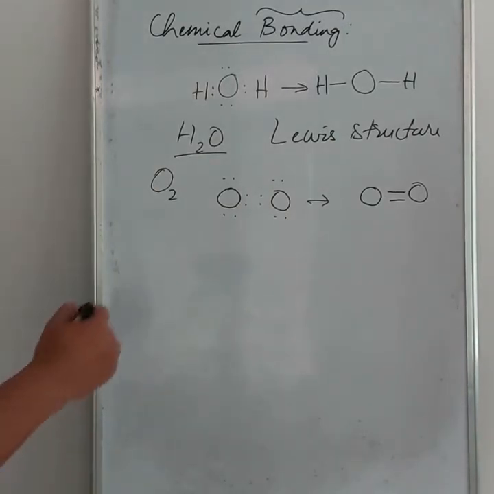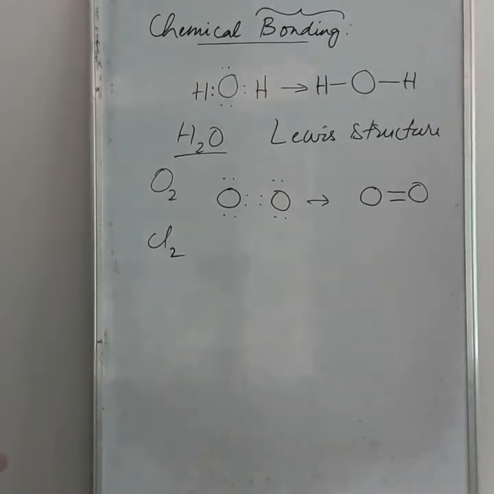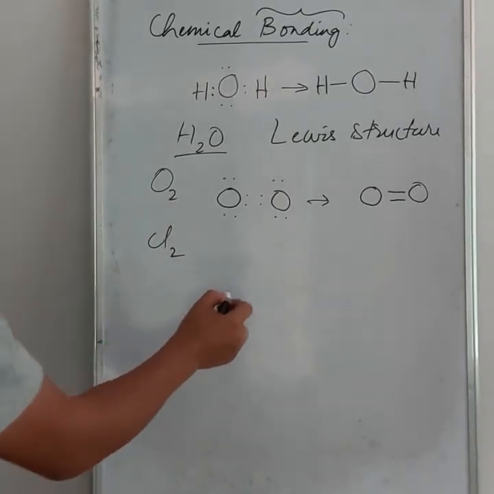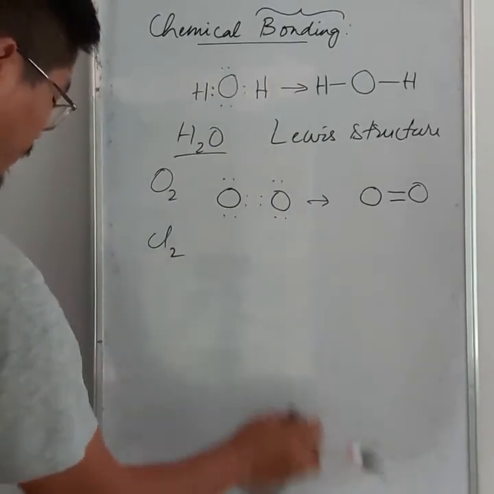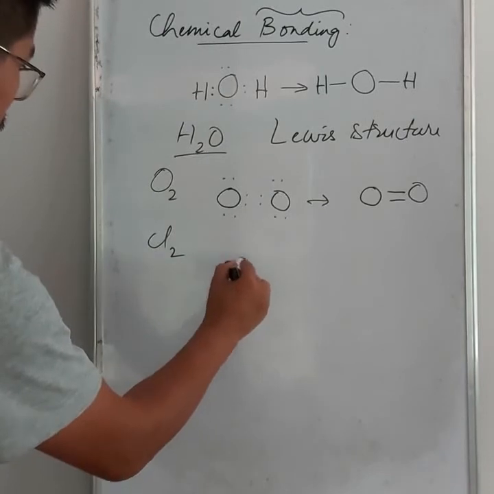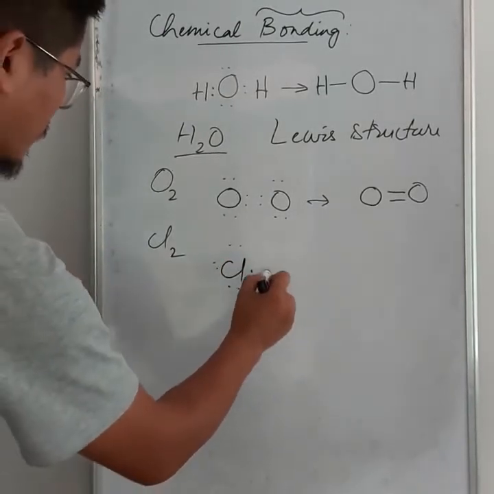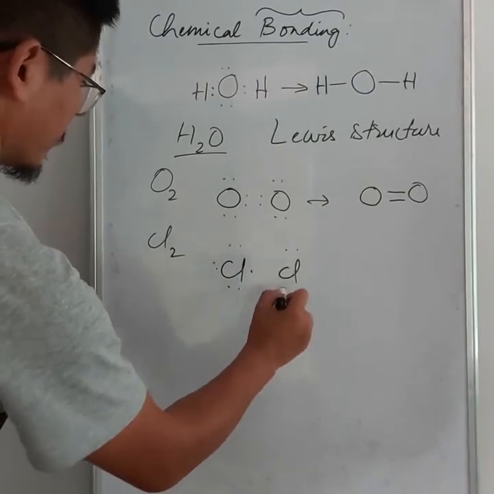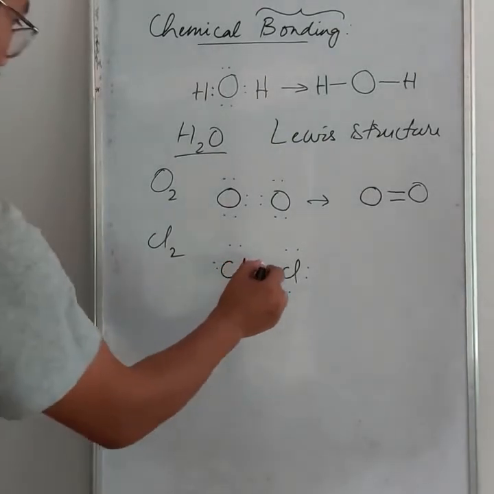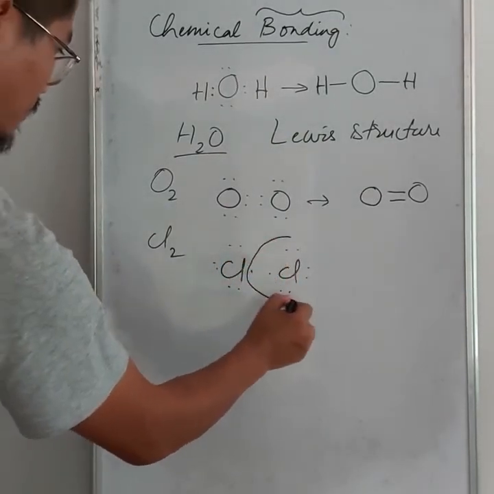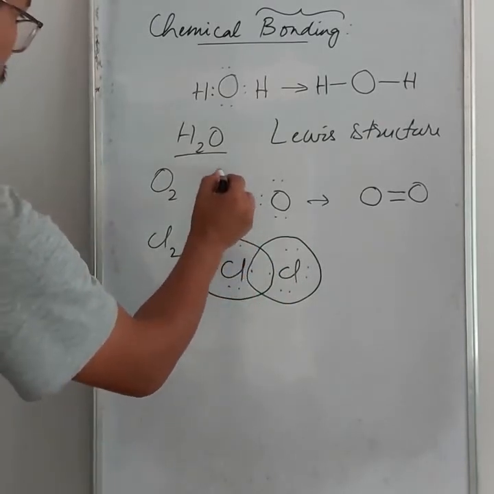Suppose, for example, the chlorine molecule. We know chlorine has one valency, 1, 2, 3, 4, 5, 6, and 7. So another chlorine atom will share one electron with it. So their octet configuration is satisfied here also.